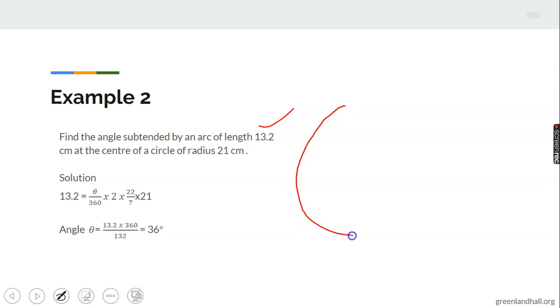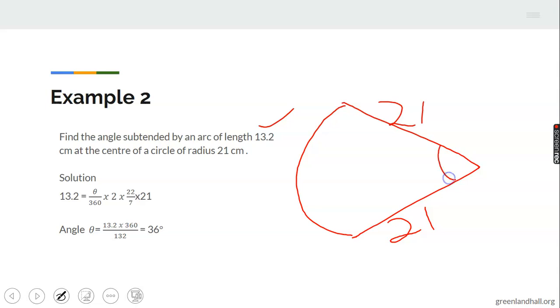The radius is 21 cm. So we want to get this angle theta. We know the arc length AB to be 13.2.